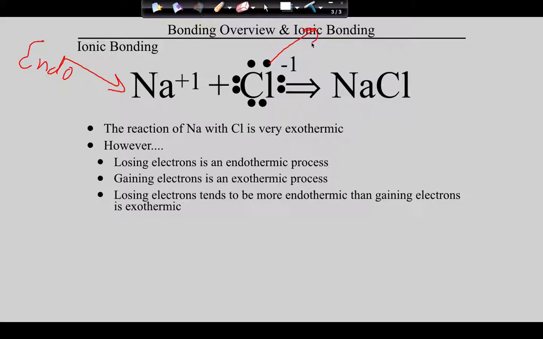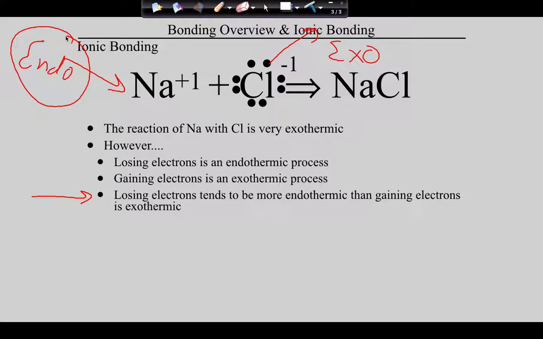Energy comes out as the electron goes in. Now guys, whichever one of these is bigger, Hess's law will be the one that is the overall experience. Guys, this sentence is telling you, and this is true, that this is bigger than that. The endothermic process, when sodium loses its electron, is more endothermic than the exothermic process when the electron is captured by the chlorine.